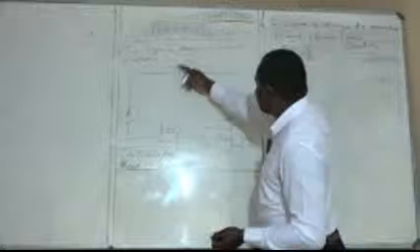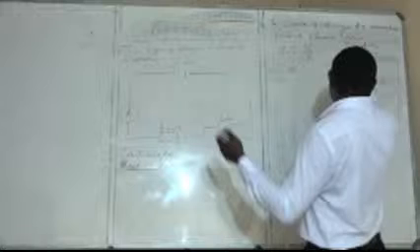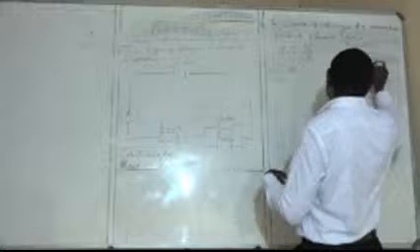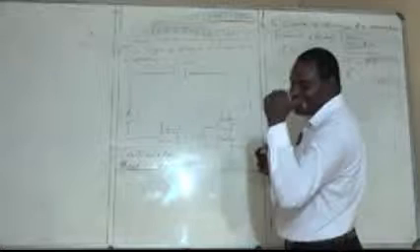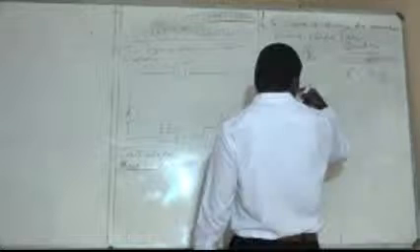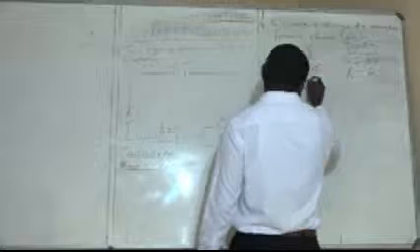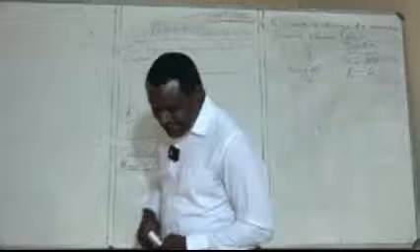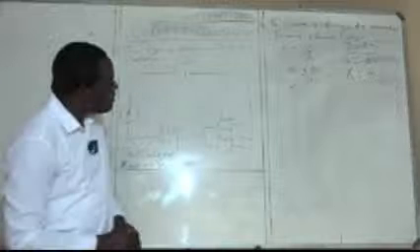Now, let's try to have our data here. We must ask ourselves, what is the voltage? According to this circuit, our voltage here, which is our potential difference, is about 6 volts. Then what is our resistance? The effective resistance that we found earlier on is 4 ohms. So let's substitute: 6 volts divided by 4 ohms, you end up getting about 1.5 amps.